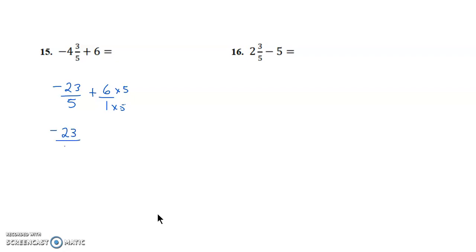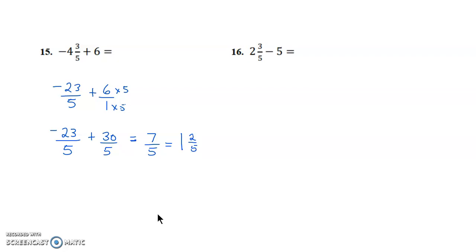So this gives us negative 23/5 plus 30/5. Now we can see that we need to subtract 30 minus 23 and that our answer will remain positive. So this is going to be a 7. 30 minus 23 is 7 over 5. And we're going to see that our answer as a mixed number is going to be 1 2/5.